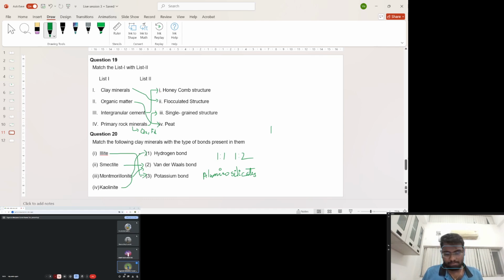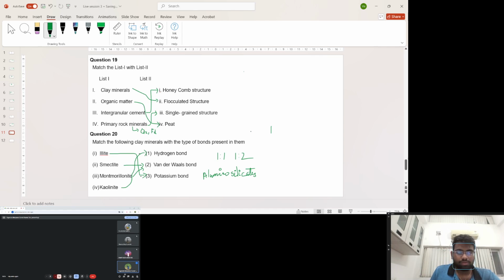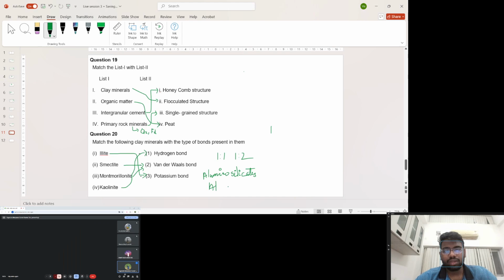It is there in the name itself. So it contains aluminum and silica, right?